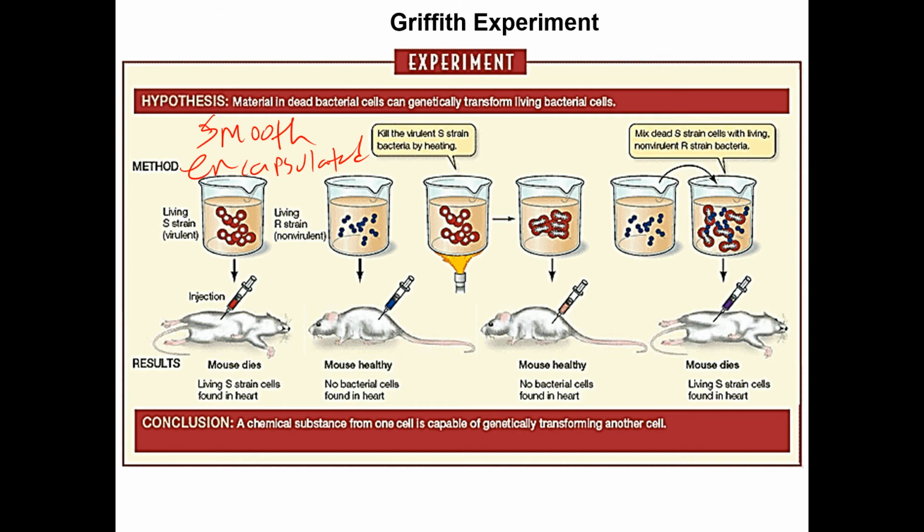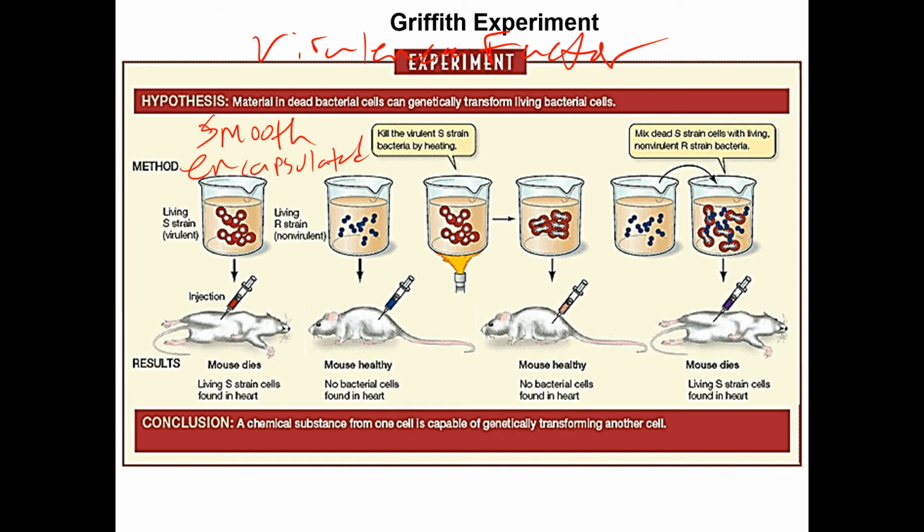And Streptococcus pneumoniae strains that are encapsulated are pathogenic. So this capsule is what we call a virulence factor. He injects these bacteria into mice and they all die. He found living strains of the bacteria in the heart of these mice.